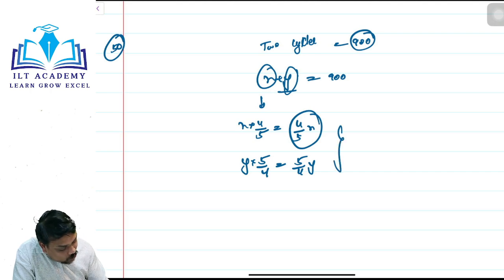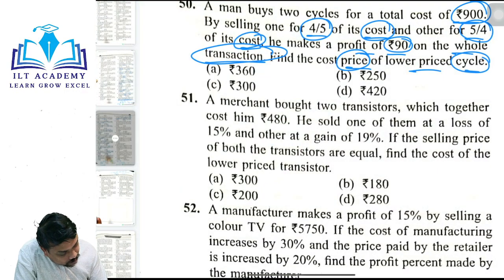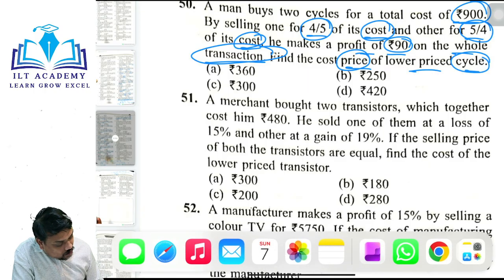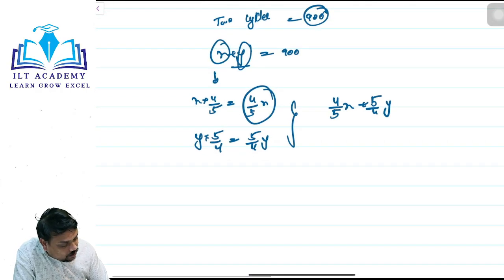Then the total sales value will be what? 4 by 5x plus 5 by 4y. Clear? And he made a profit of 90 rupees. So overall he makes a profit of 90 rupees means 900 plus 90 is what? 990.